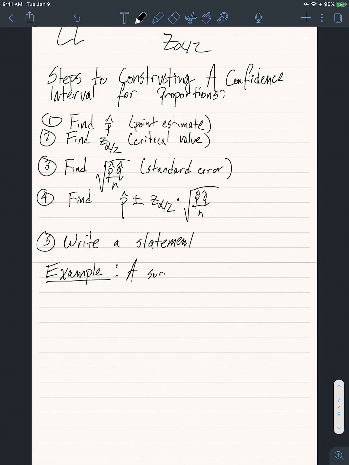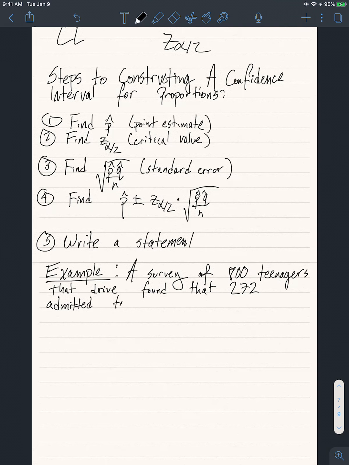A survey of 800 teenagers that drive found that 272 admitted to texting while driving.